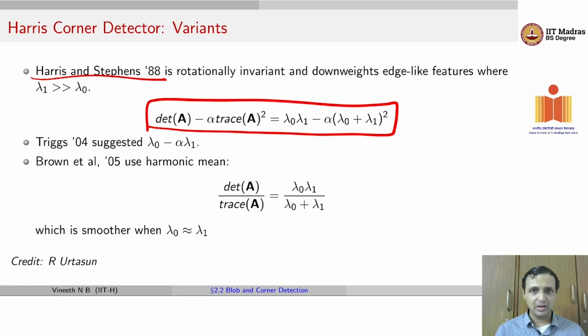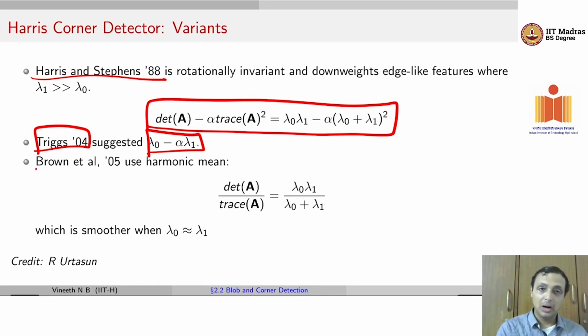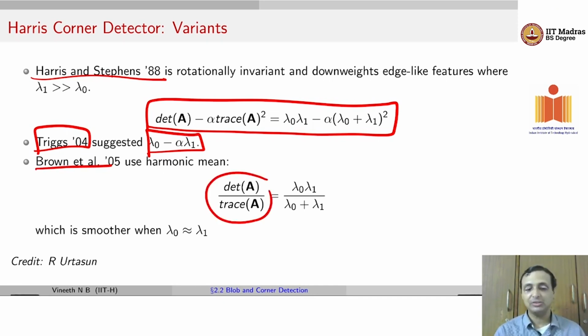There have been other improvisations of the same method, where a researcher, Bill Triggs, suggested that you can use lambda naught minus alpha lambda 1, where lambda naught is the first eigenvalue or the larger eigenvalue and lambda 1 is the second eigenvalue. A researcher, Brown, and a team proposed determinant of A by trace of A instead of doing the determinant of A minus alpha times trace square of A.